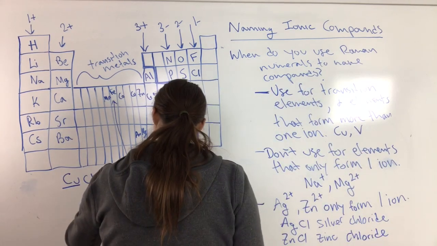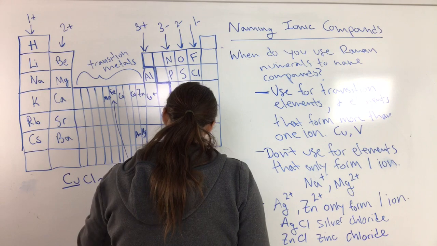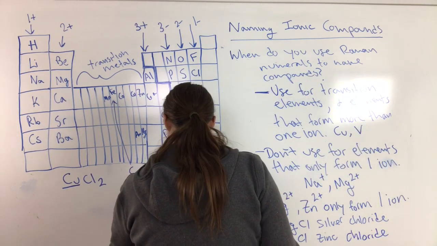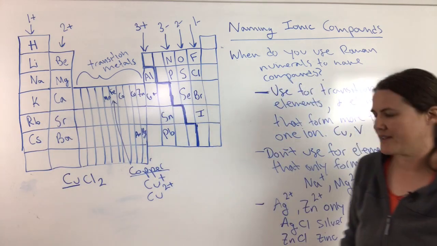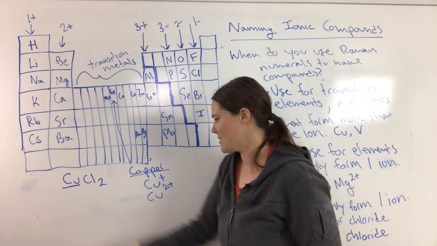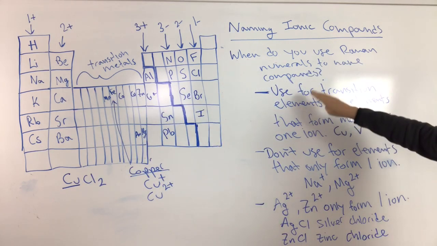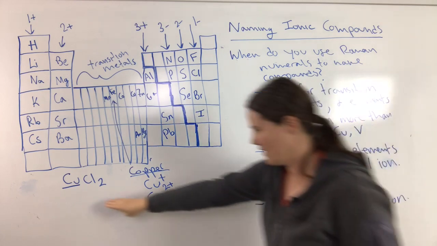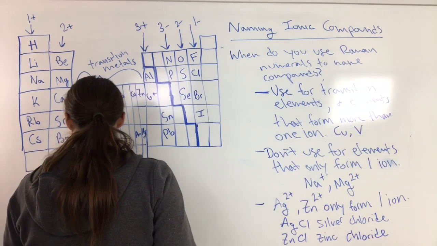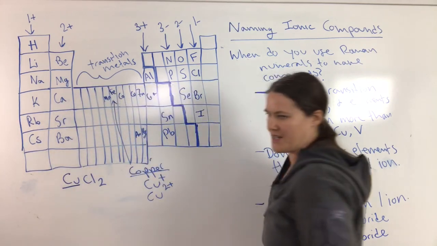So copper can form a 1+ ion and a 2+ ion. So we have an element in here that forms variable ions. So we know that we're going to need the Roman numeral in this name. So let's figure out what charge we have on copper.